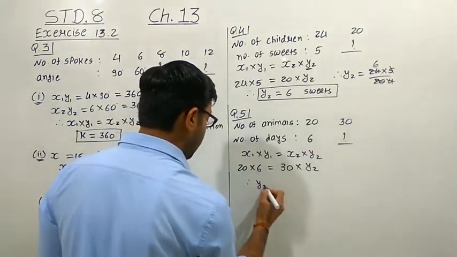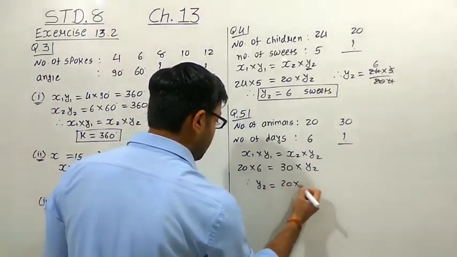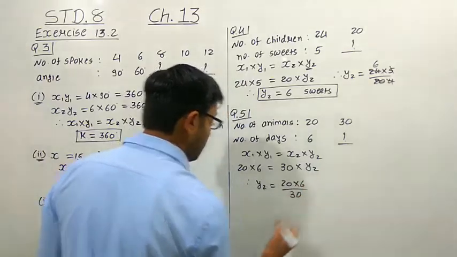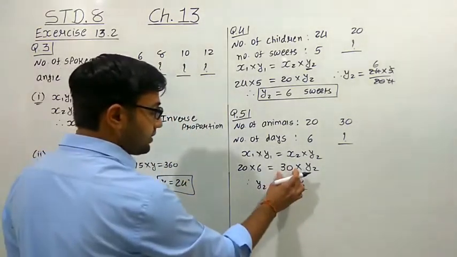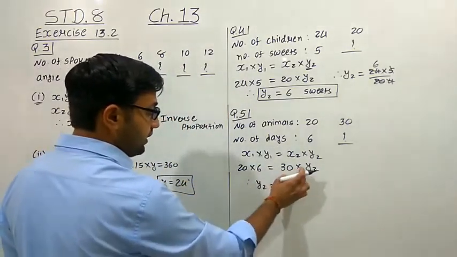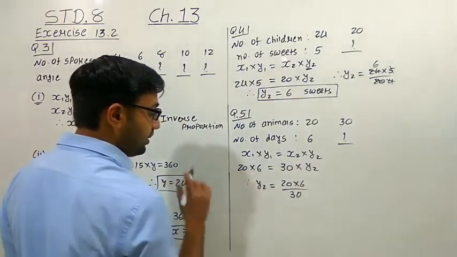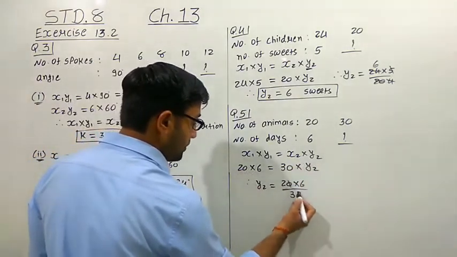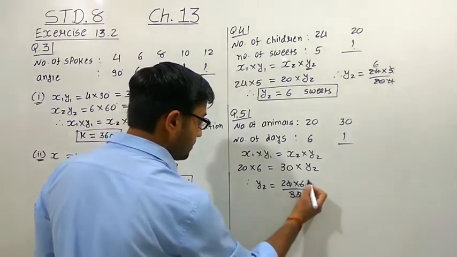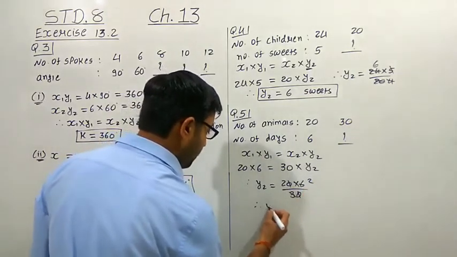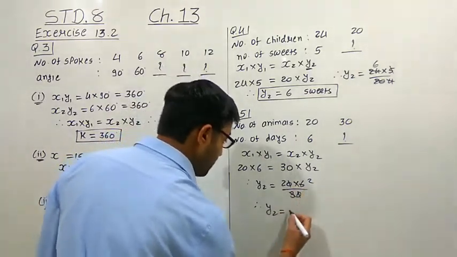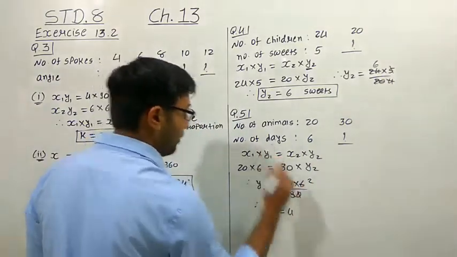Therefore y2 is equal to 20 into 6 upon 30. Take this 30 to the left hand side. Here it is in multiplication, here it will be in the denominator. So 0 and 0 we can cut, and 3 2s are 6 we can cut. Therefore the value of y2 is 2 2s are 4. And 4 is days.